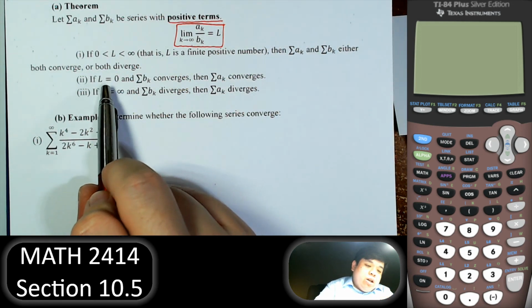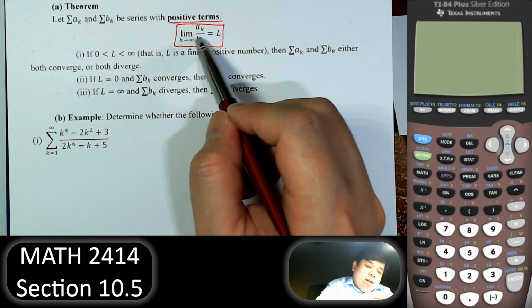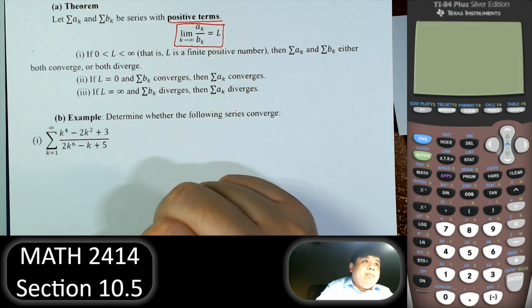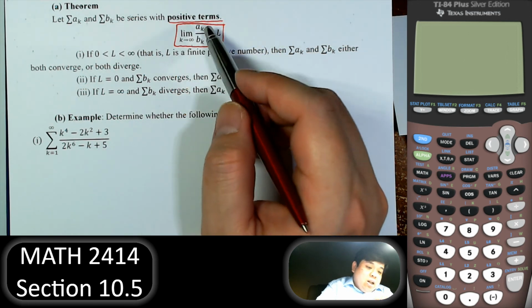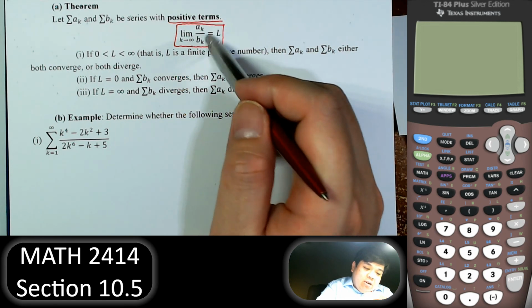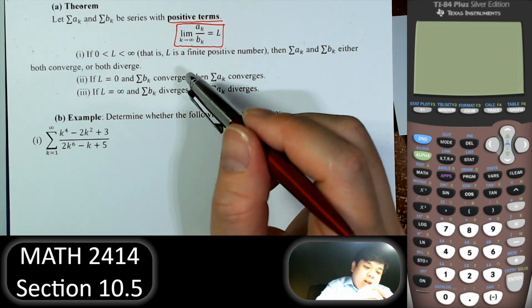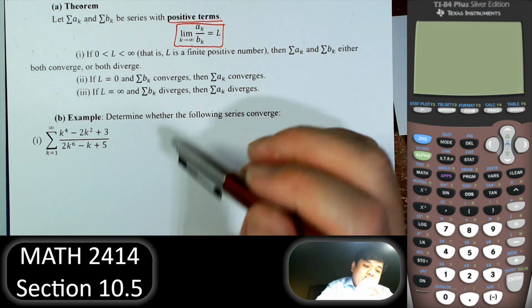If L equals 0 and one of them converges, then the other one converges. If L is infinity and b_k is divergent, then a_k is also divergent.